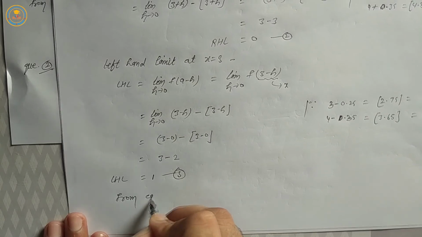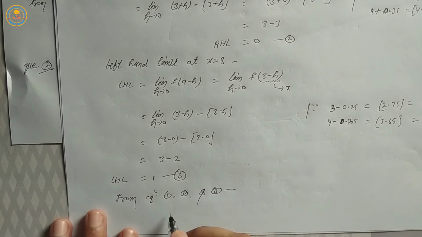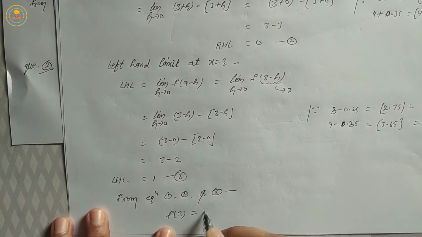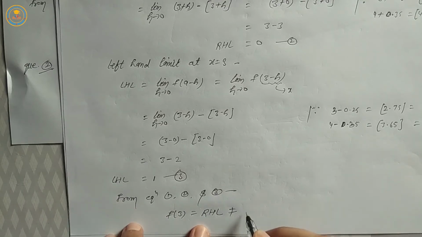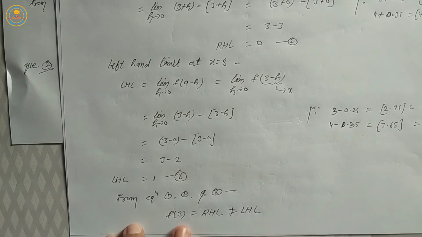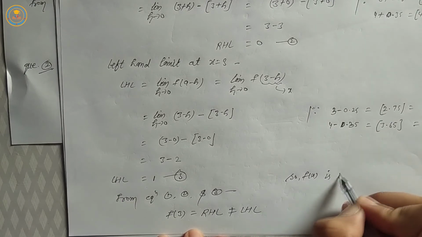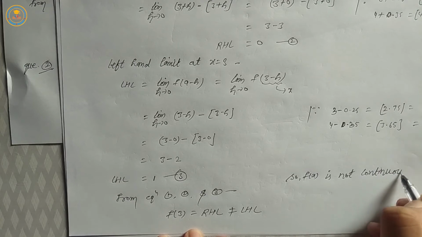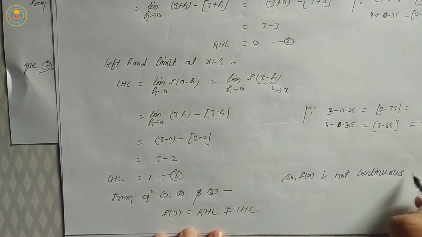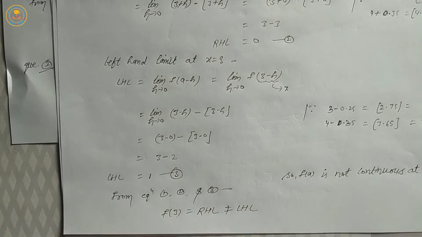From equations first, second and third, f(3) equal to RHL not equal to LHL. Okay, f(3) equal to RHL not equal to LHL. So f(x) is not continuous at x is equal to 3.